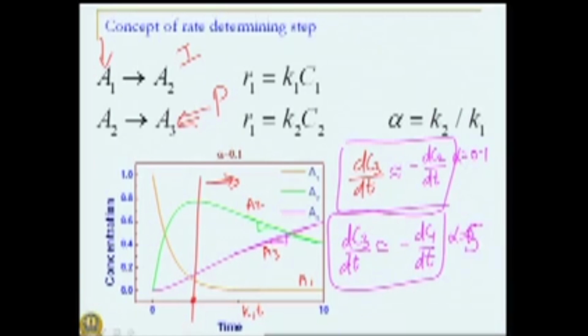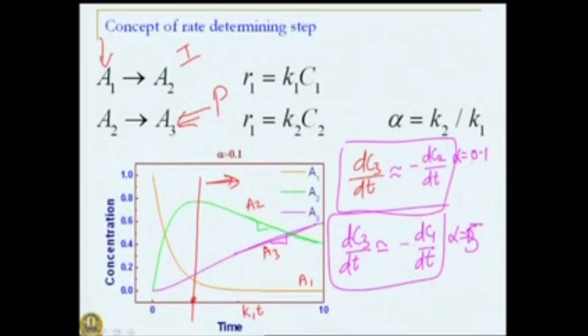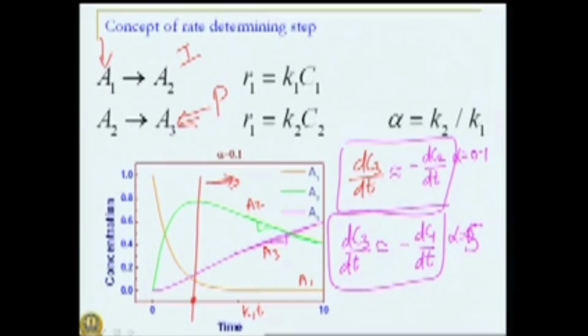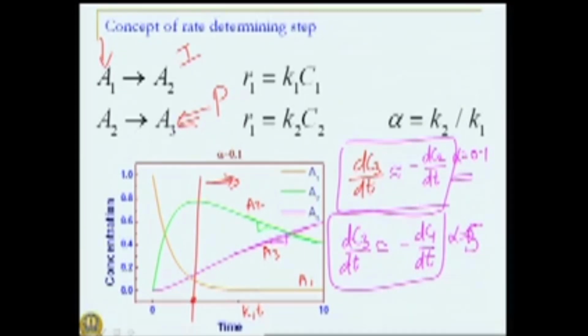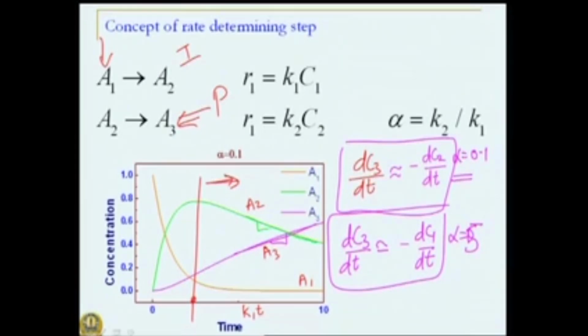Let us examine the value of alpha. What does alpha mean? Alpha is the ratio of the second reaction rate to the first reaction rate. So, between these two, alpha is lower in the first case, that is 0.1, which means the second reaction is substantially slower compared to the first reaction. And what happened to the rate of product formation?